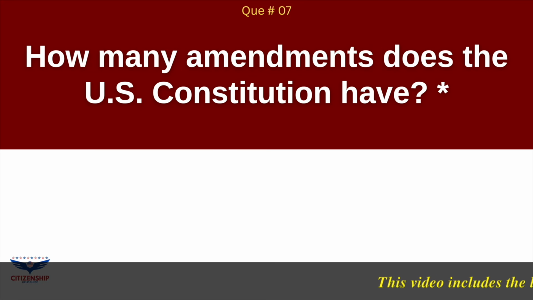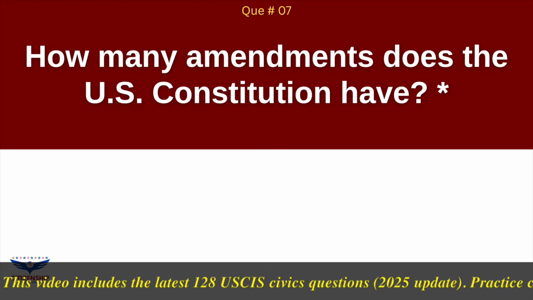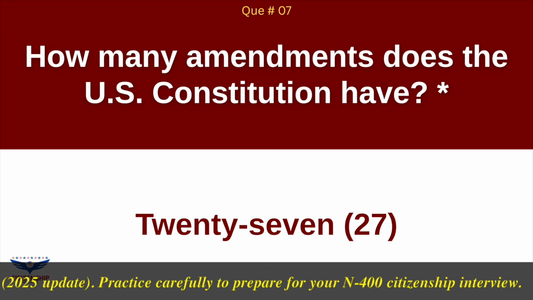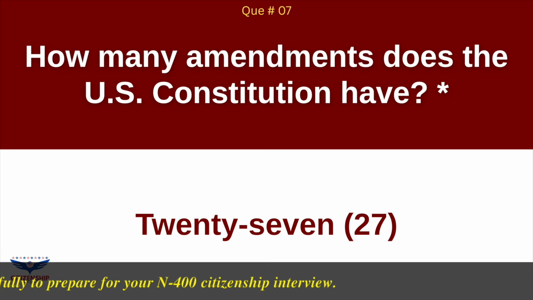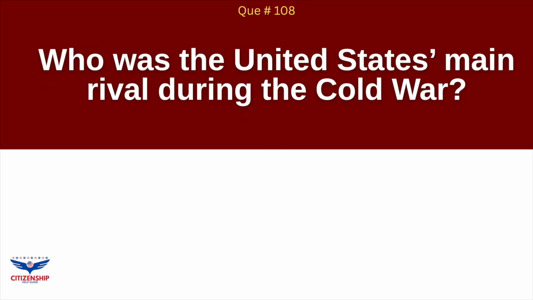How many amendments does the U.S. Constitution have? 27. Who was the United States' main rival during the Cold War? Russia.